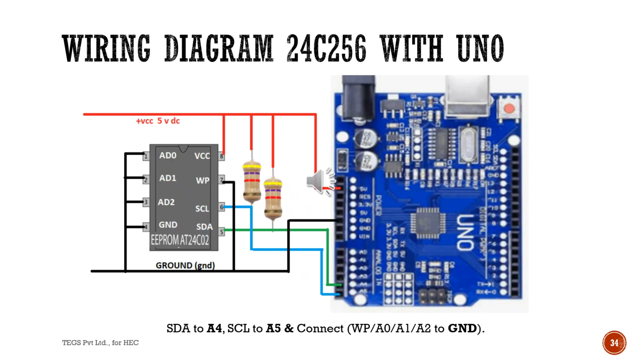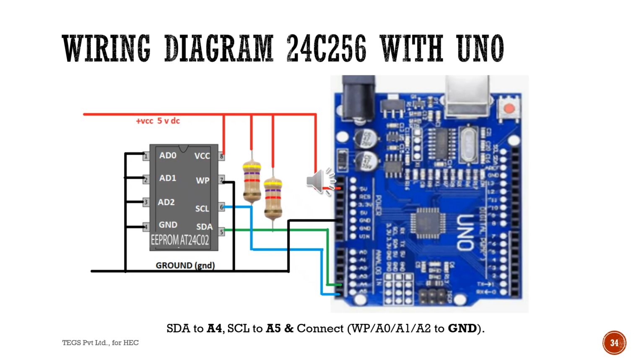The complete wiring diagram of 24C02 with Arduino Uno for writing and reading purposes is given in this page. Circuit diagram of EEPROM wired to the Uno is given.